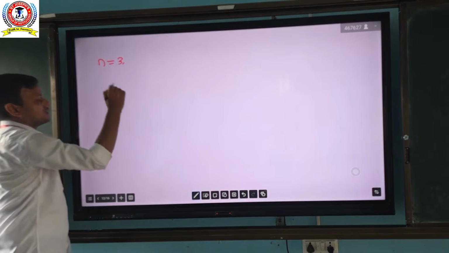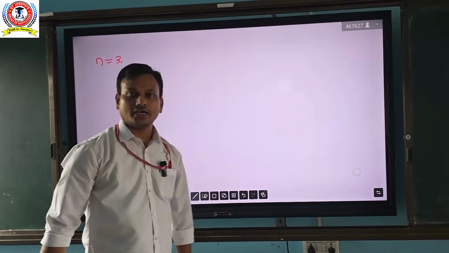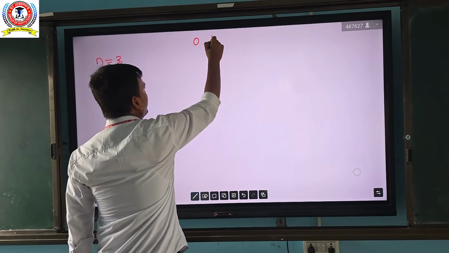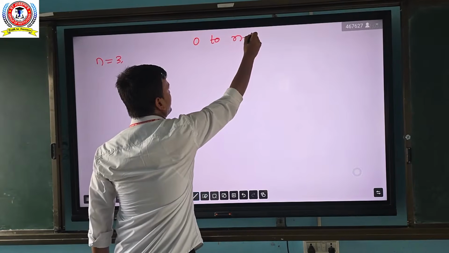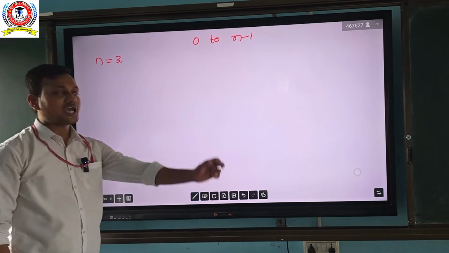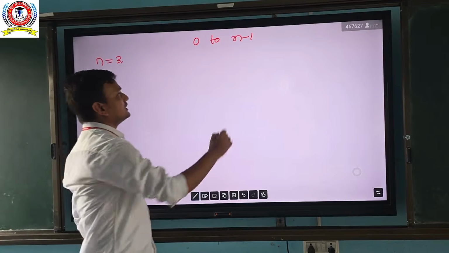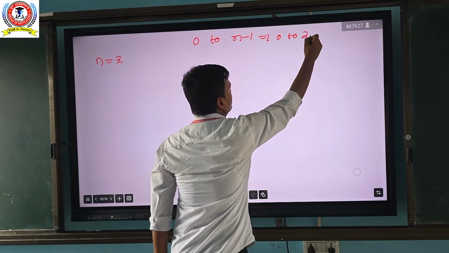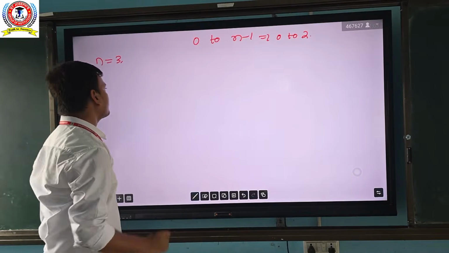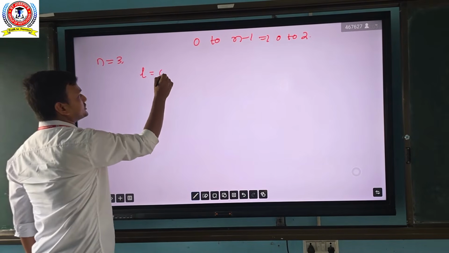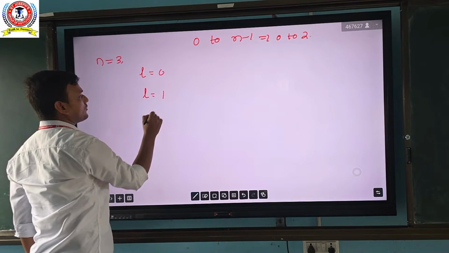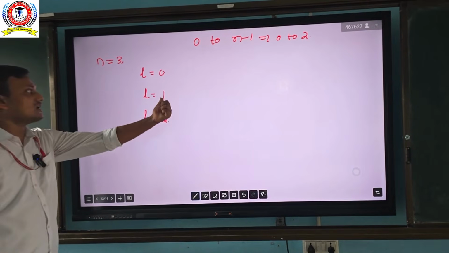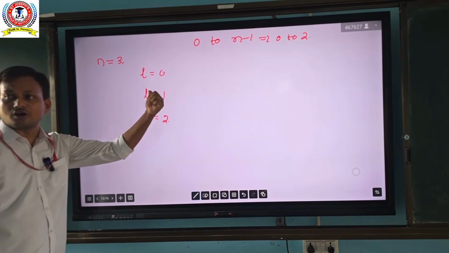For the third cell, the value of n is equal to 3, and the value of L lies between 0 to n minus 1. When I put this value in, that means 0 to 3 minus 1, and 3 minus 1 is 2. That means L is equal to 0, L is equal to 1, L is equal to 2. So three values come for the third cell.